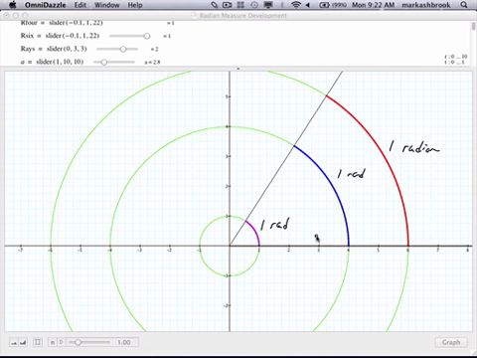It's 1 radius length of arc length, so it's 1 radian of angle.